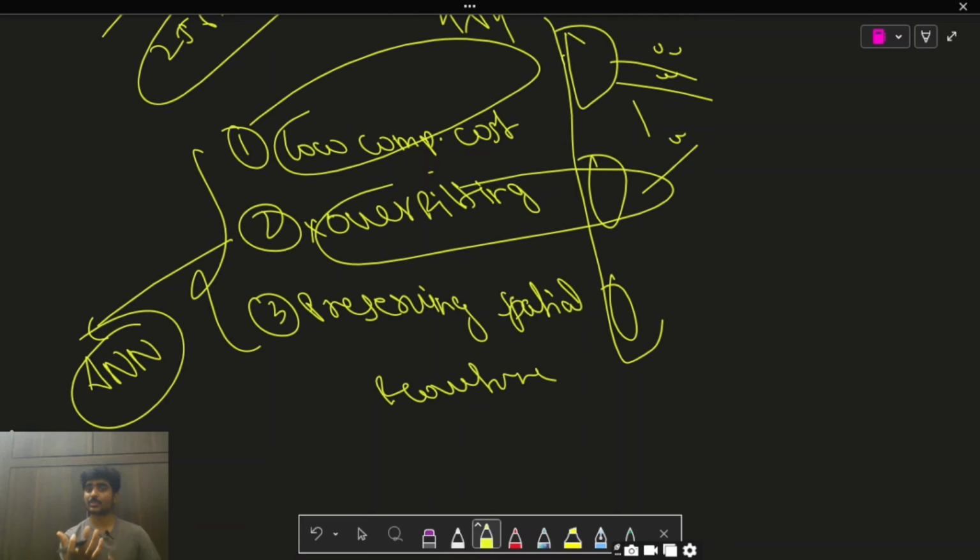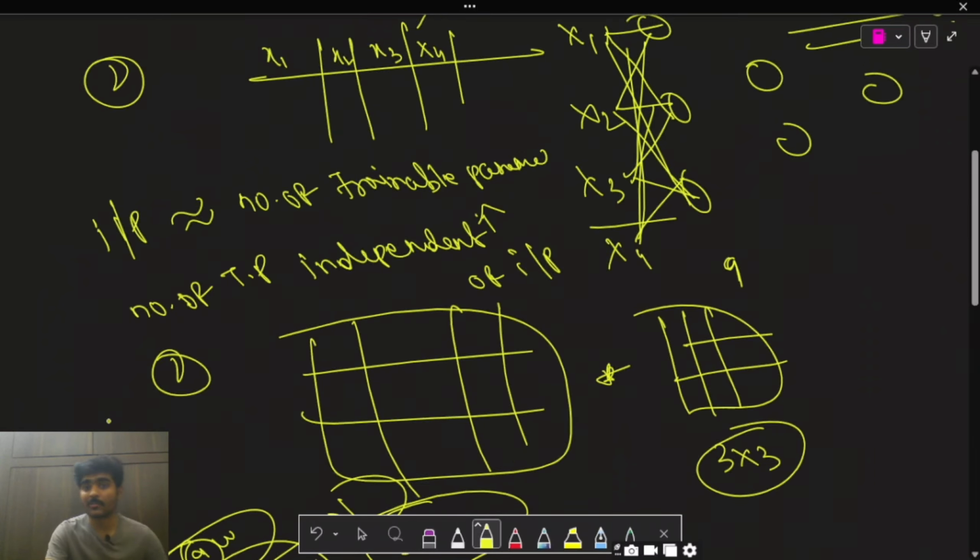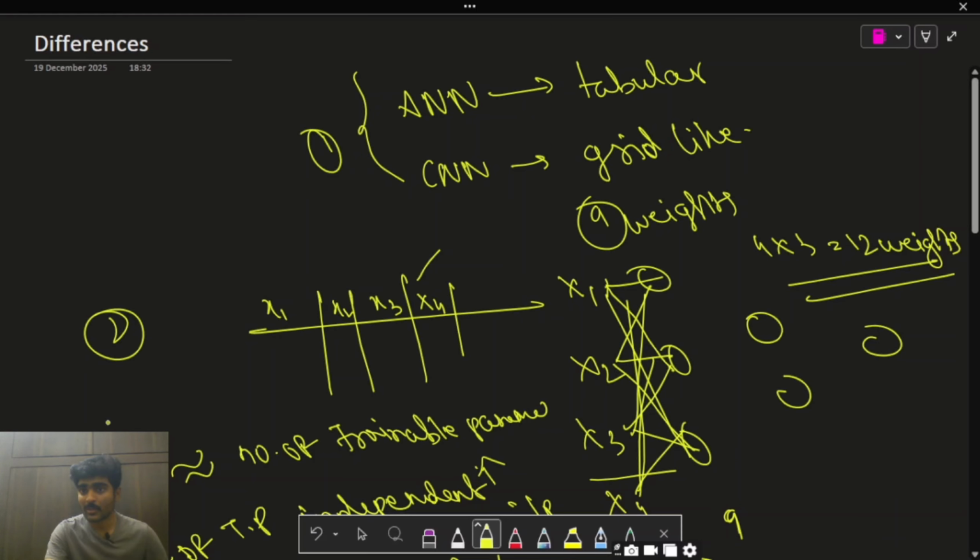The convolution neural network is derived from the fundamentals of artificial neural networks. But convolution neural networks have major advantages working on grid-like structures, because they produce low computational cost, prevent overfitting, and preserve spatial features. So convolution neural networks are very much unique. Though the fundamental concept is the same, they are specialized to work on different input data.